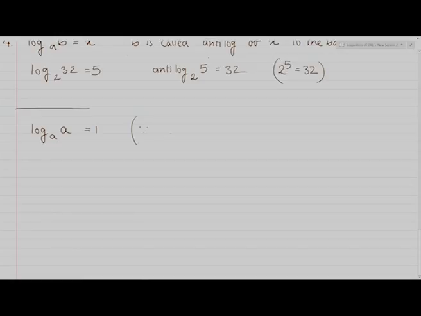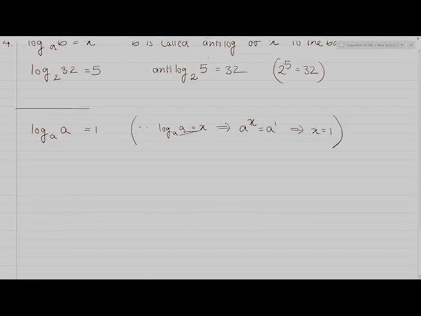Let log to the base a of a be equal to x. This implies, applying the 7th rule, a raised to x is equal to a, which is a raised to 1, which implies x must be equal to 1.